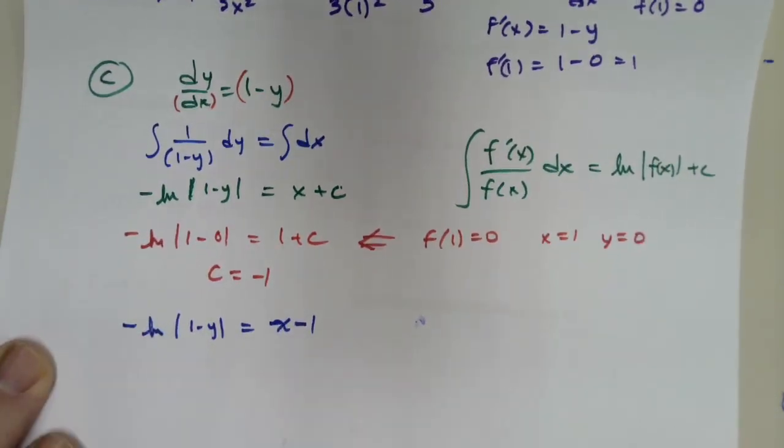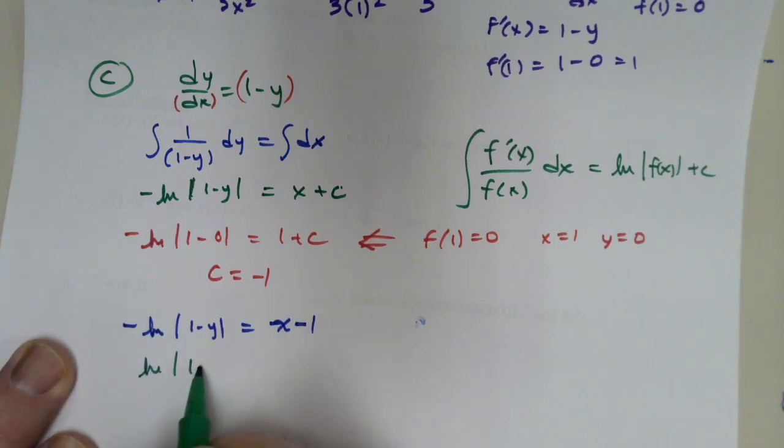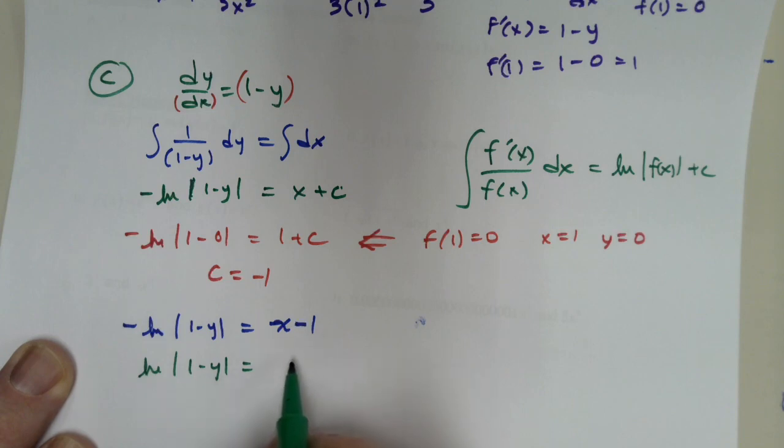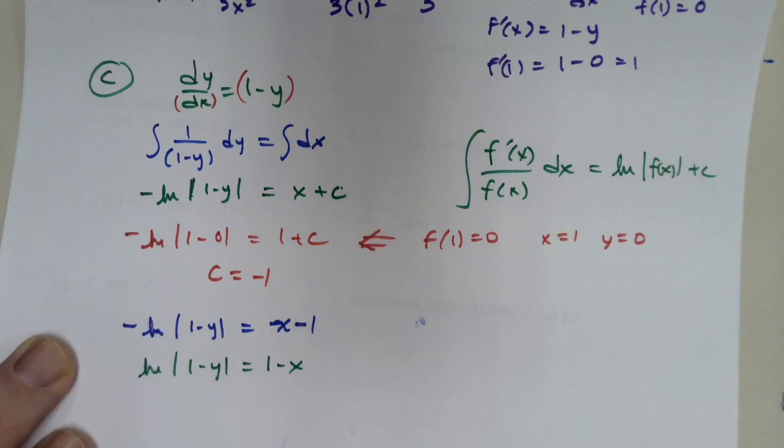Arranging this by getting rid of that negative would give us the natural log of the absolute value of 1 minus y equals, let's just switch these around, 1 minus x, since both of those signs changed with this.